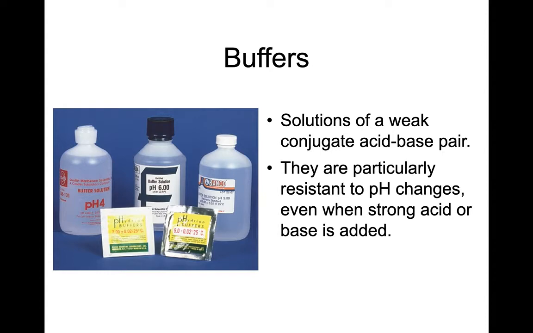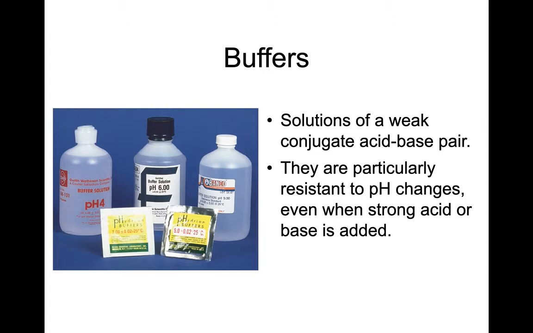This common ion effect is used in a class of substances called buffers. Buffers are solutions of a weak conjugate acid-base pair, and they're useful because they resist pH changes. Even when a strong acid or base is added, they've got these common ions in them already, and they can buffer the solution.